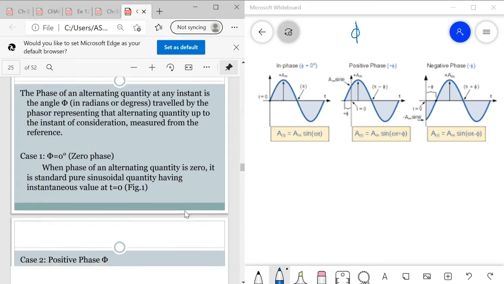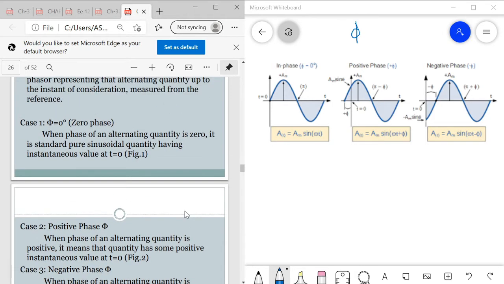So we have three cases for angle phase. The symbol for phase is phi, like this one. So case 1, we have the zero phase. When phase of an alternating quantity is 0, it is standard pure sinusoidal quantity having instantaneous value at t is equal to 0.